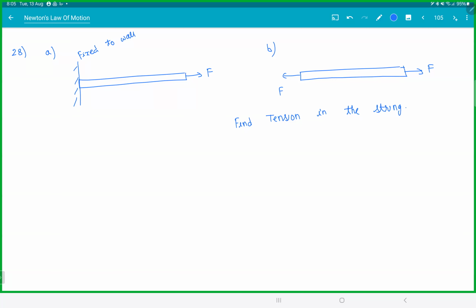Now, let me ask you one thing. Between A and B, whom do you think will have more tension? A or B?